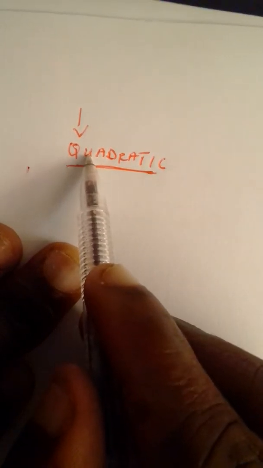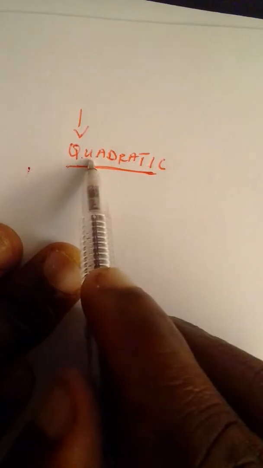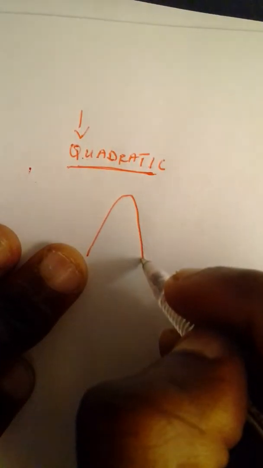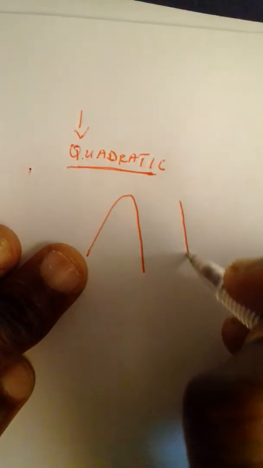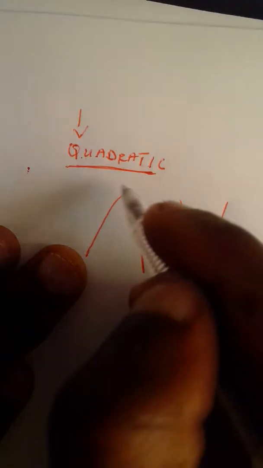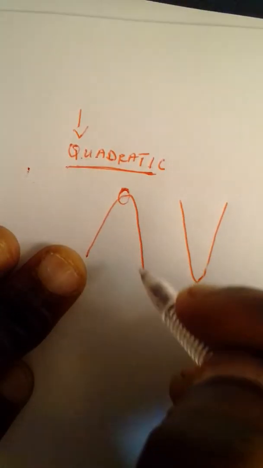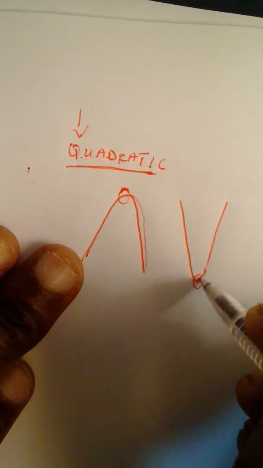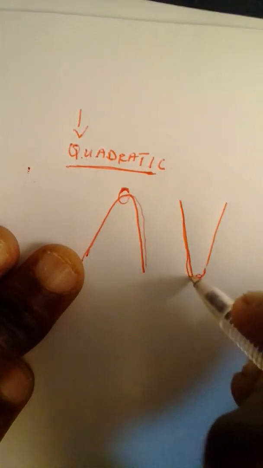What you have to remember is that in a quadratic function, we have only one turning point. In a quadratic, you are going to have one turning point. So this is the turning point of this quadratic graph, and this is the turning point of this quadratic graph.